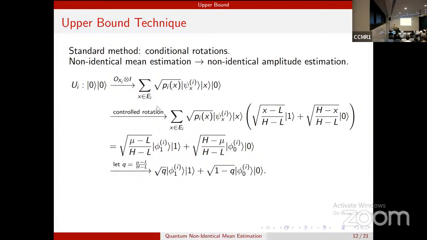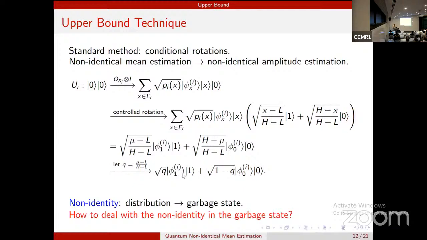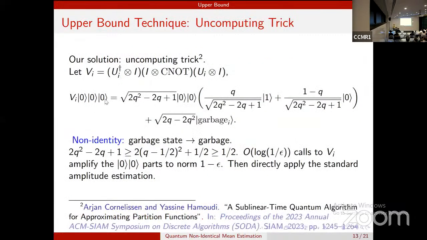In this process, we can see that at the beginning, there is non-identity in the distribution, and then the non-identity in the distribution is transferred to the garbage state. But how to deal with this non-identity in the garbage state? It is difficult, because since there is such a non-identity, we cannot apply the standard amplitude estimation method directly. So our solution is to use a computing trick.